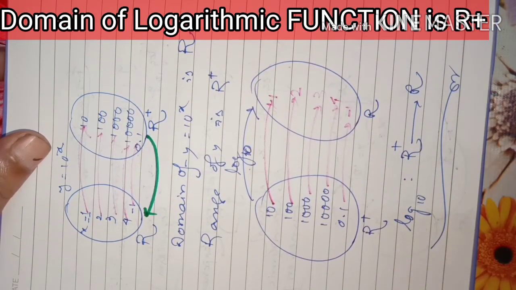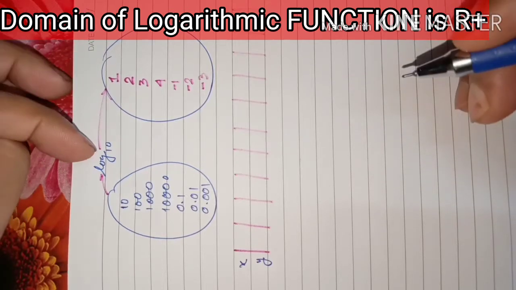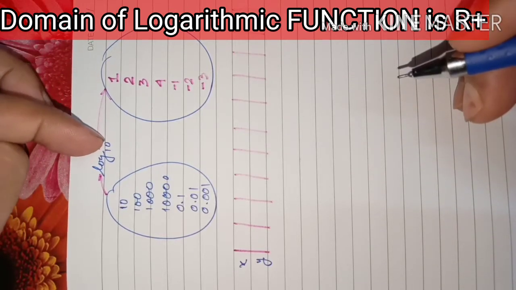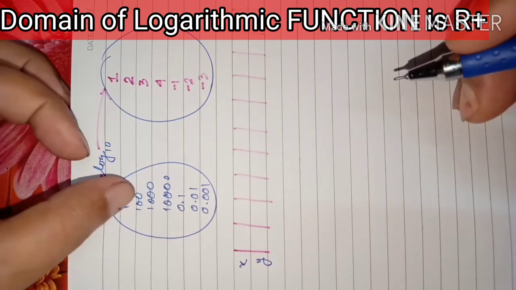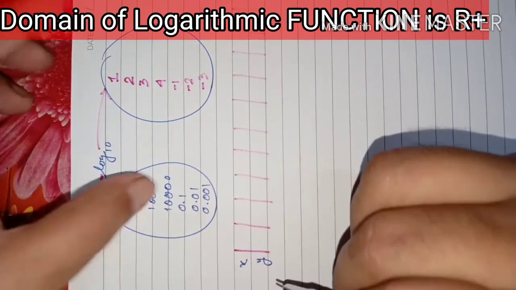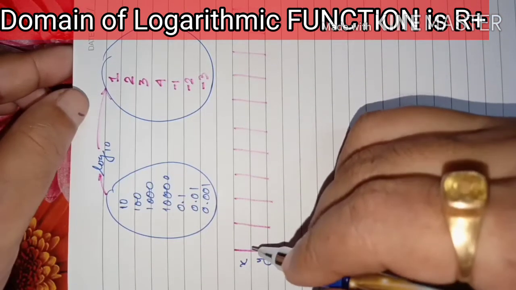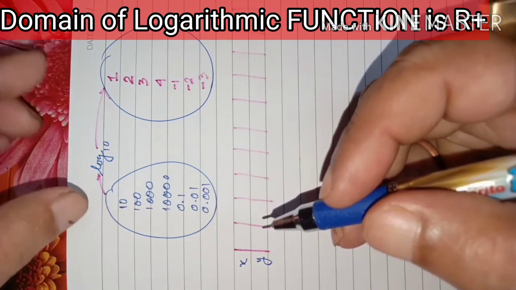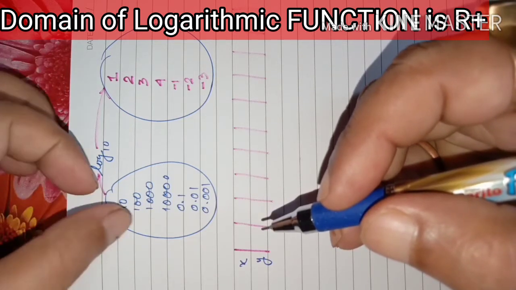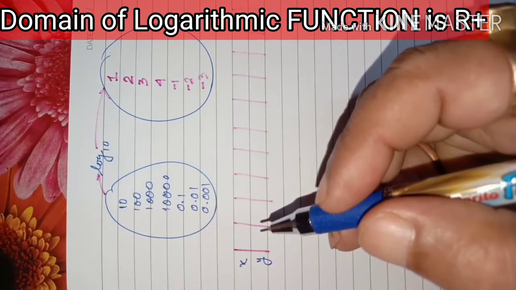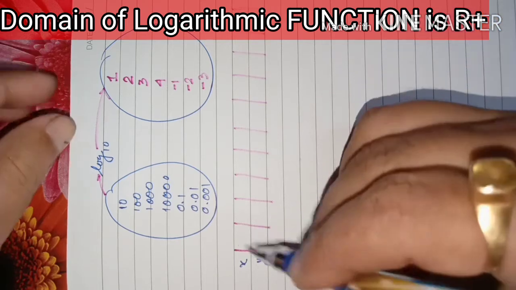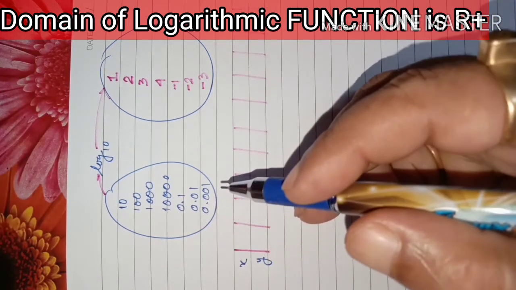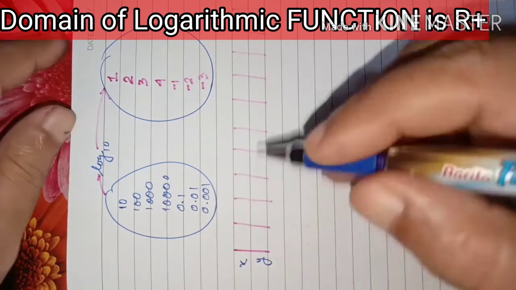So just you see. For the log function with the base 10, the values in the domain are all positive numbers. So the log function will be defined only for the positive numbers, because for negative numbers it is a little confusing. So the log function will be defined only for the positive numbers, okay, in our whole discussion.